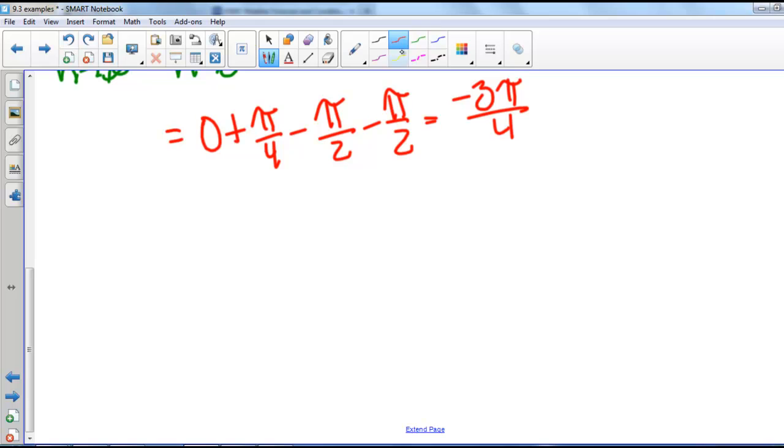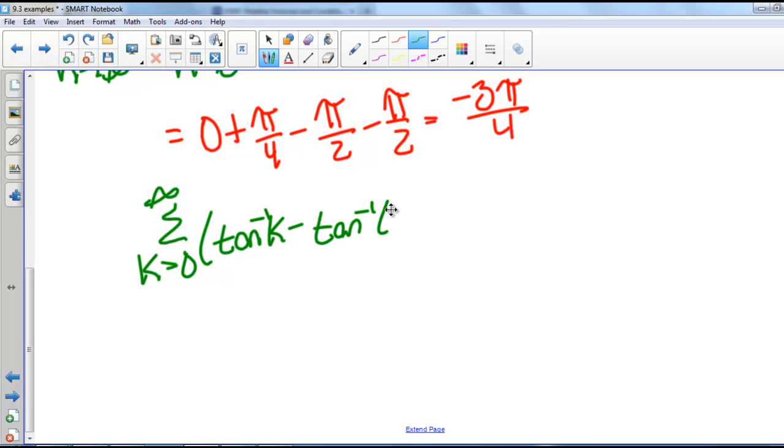So that means that the series from k equals 0 to infinity of inverse tangent of k minus inverse tangent of k plus 2 converges to negative 3 pi over 4.